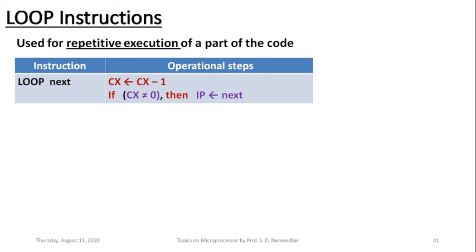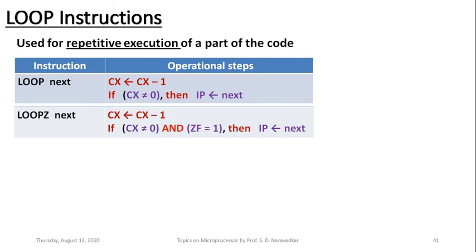It means that if I don't want to use the basic loop instruction shown here, I can certainly use two instructions instead: decrement CX and jump if not 0 next. Just to optimize the code of the 8086 processor, this loop instruction has been designed.